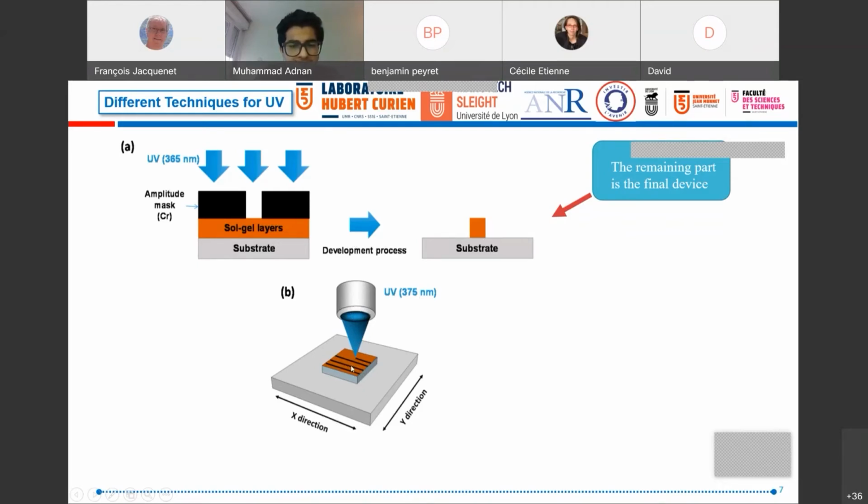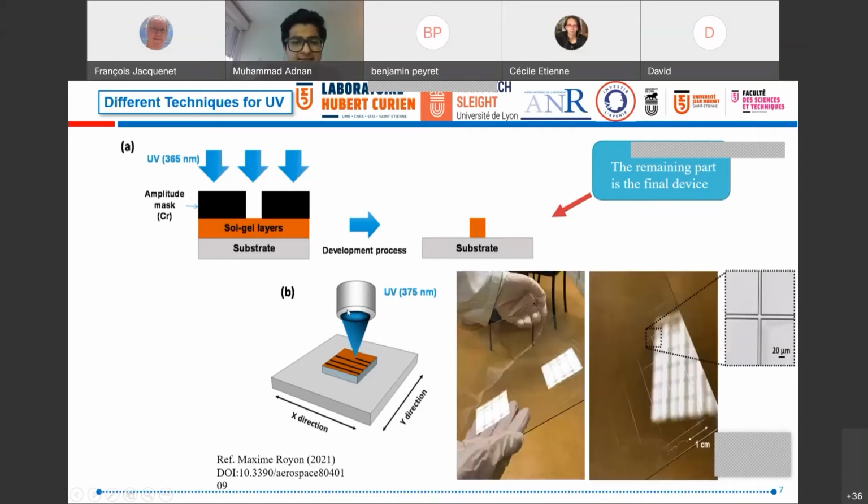These black lines show the polymerized parts, and this way we create the waveguide. I used the direct laser writing technique because it is applicable for large surfaces, while the amplitude mask technique is not applicable for large surfaces.